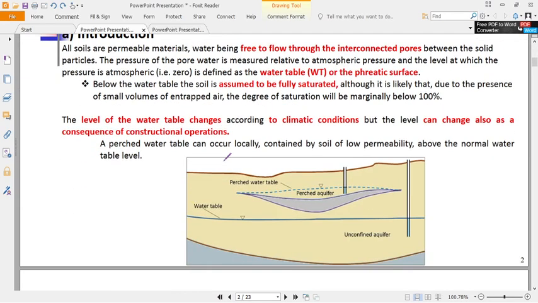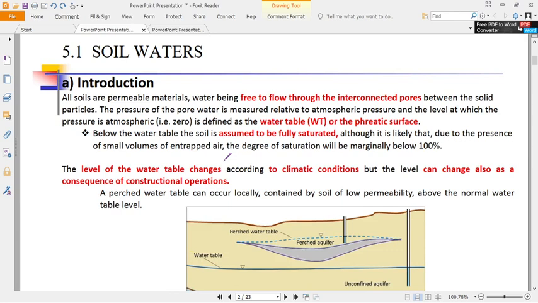So, all soils are permeable materials, water being free to flow through the interconnected pores. For water to flow through a material, there have to be voids, which we shall call pores, which are interconnected.